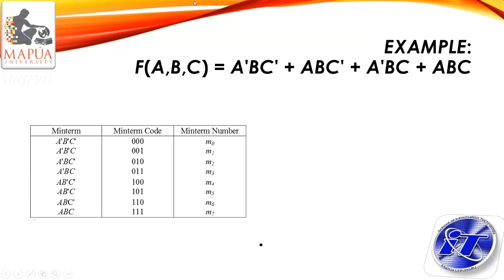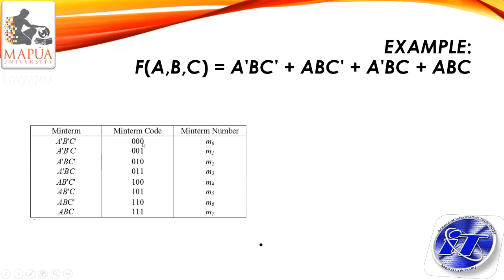So we're going to refer to this table. In min term, the variable which is complemented has a value of 0, and an uncomplemented variable has a value of 1. For example, A' B' C' means the values of A, B, and C are 0, 0, 0.